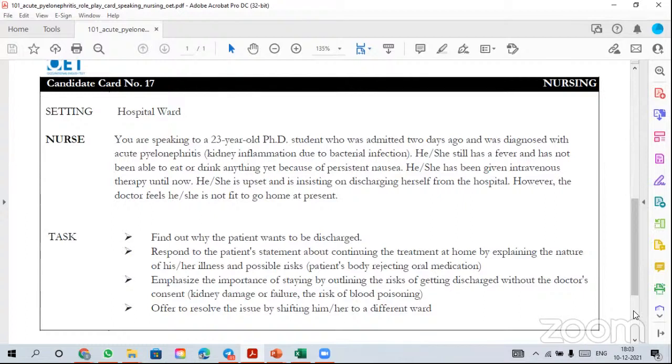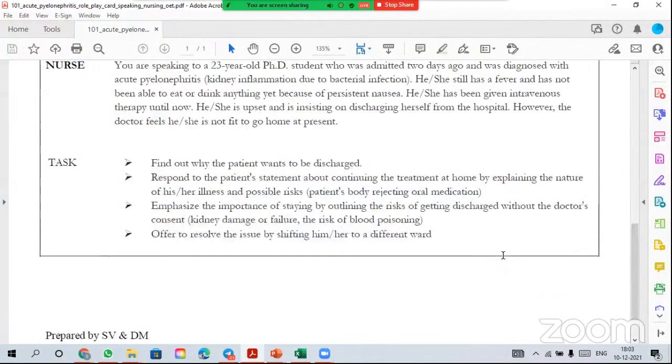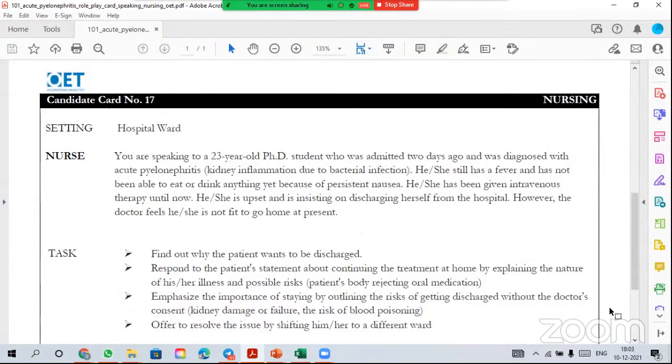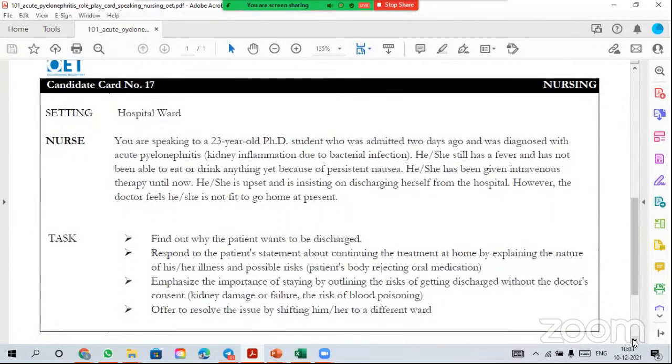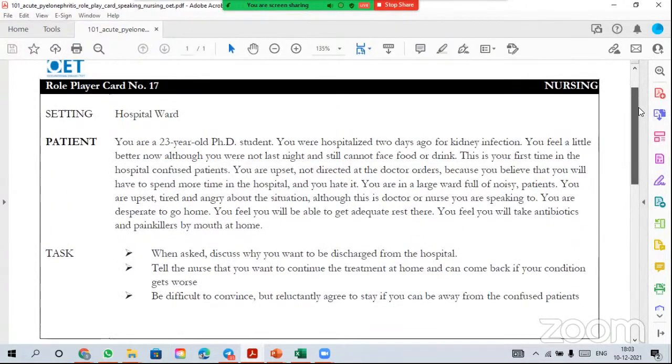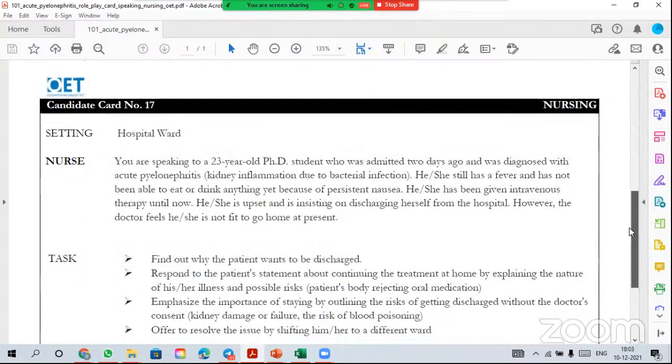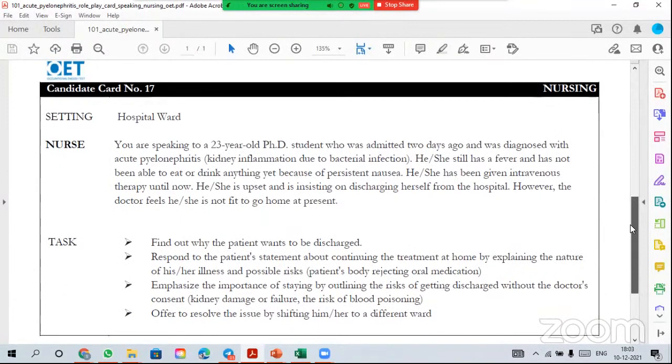So this is the candidate card, candidate card number 17. This is the nurse card. And this is the role player patient card. You all can go through this one.